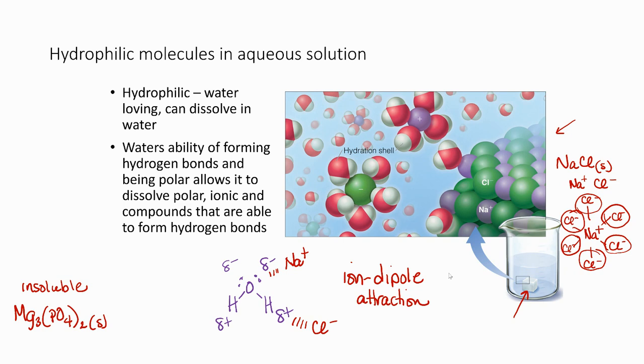The magnesium is 2 plus in charge, phosphate is 3 minus. The crystal lattice attraction there is really strong, and so it will not want to break apart and interact with water.